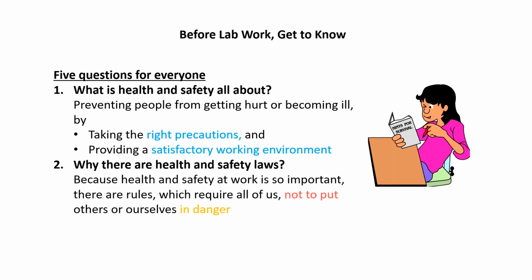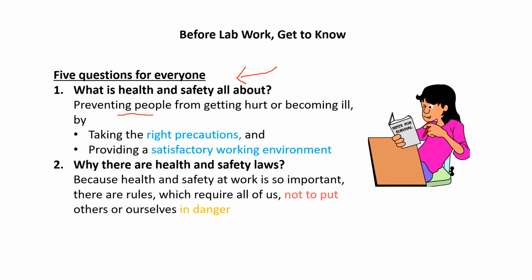Before we start to work in the lab, we should know about these 5 questions. For instance, the first question is, what is health and safety about? If we understand this question, then of course we will take care of health and safety. It prevents people from getting hurt, and we cannot put someone in danger while we are working in the labs.